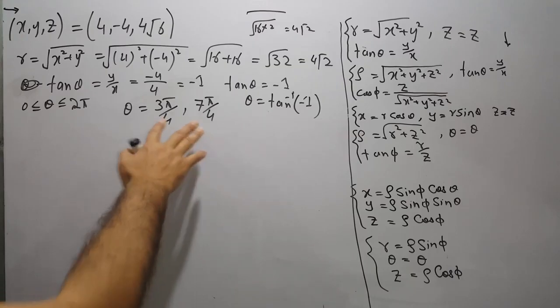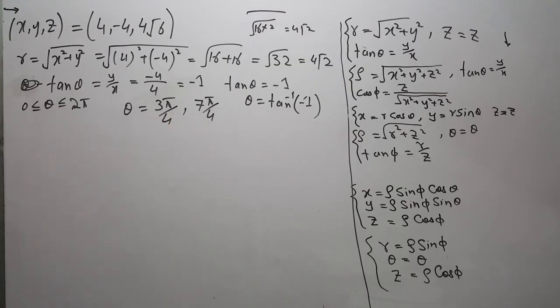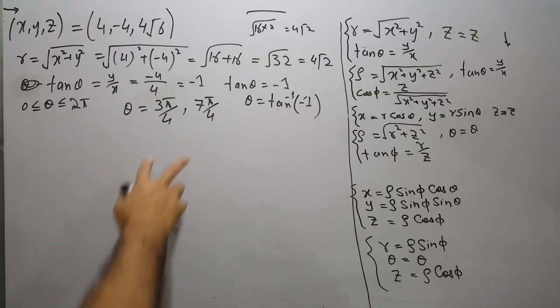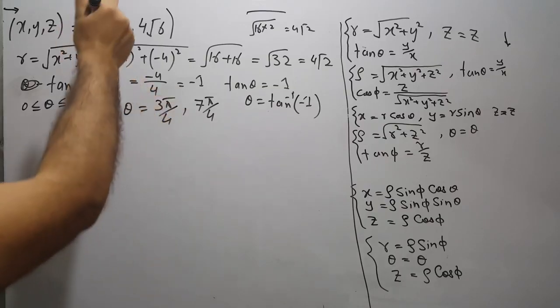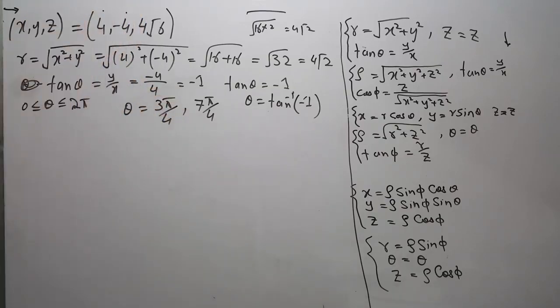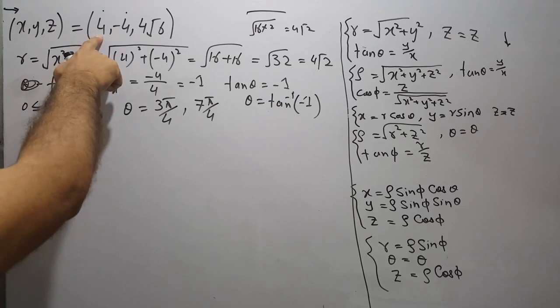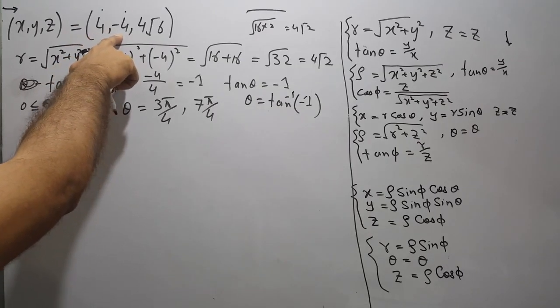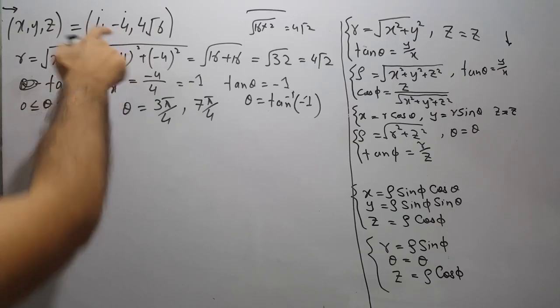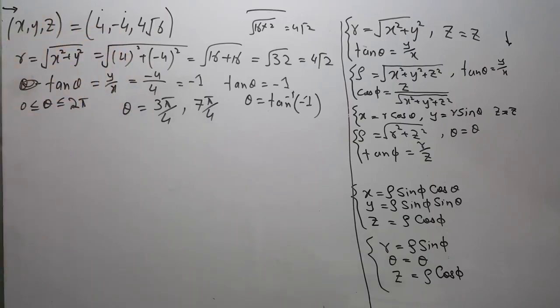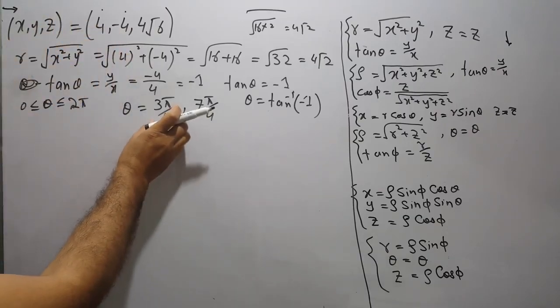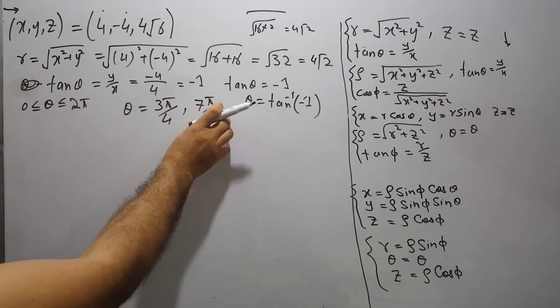Now, which one would be the answer? There will be one answer out of these two, and you find it from the x and y values. You can see that x is positive and y is negative. The quadrant with x positive and y negative is the fourth quadrant. 3 pi by 4 does not come in the fourth quadrant, but 7 pi by 4 does.